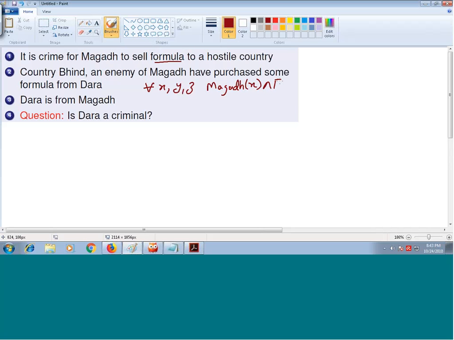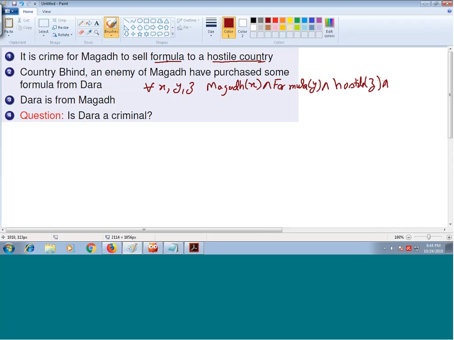And Y is a formula. And the third part, it is a crime for a Magad to sell a formula to a hostile country. So I need a third thing also, that there is a hostile country: Z is a hostile country.